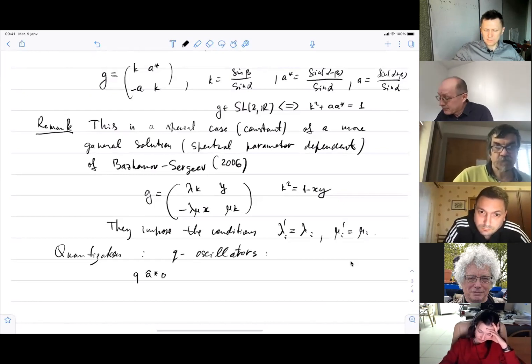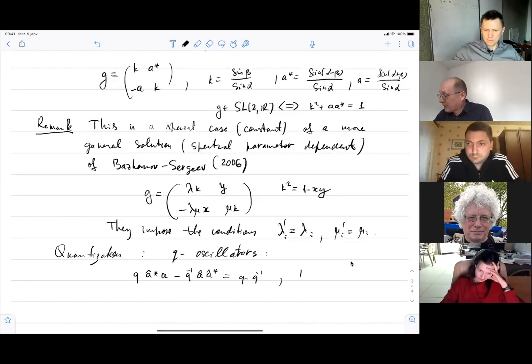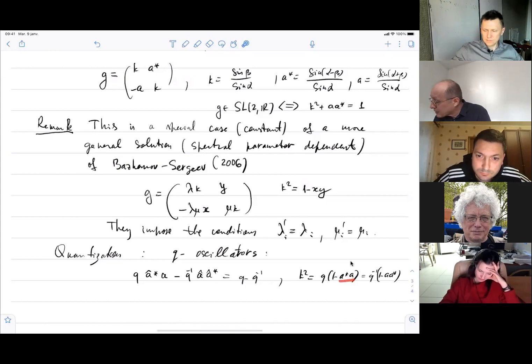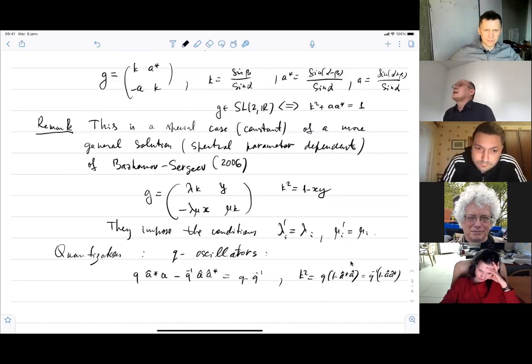These are now operators. Say in deformation quantization, for example, A star equal Q minus 1. And we have K squared is Q1 minus A star A equal Q minus 1, 1 minus A star. So you see the difference here. I write A star A, but here I write A star. So this is a completely non-commutative context, so you should be careful with all orderings. And what else?